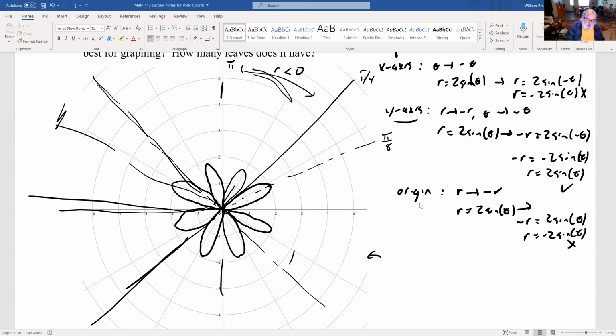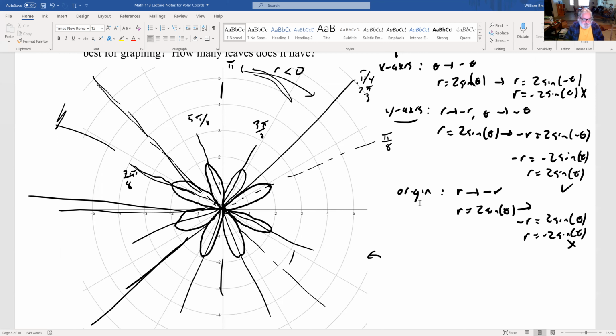And everywhere through here, the maximums, we go out, that's pi over 8. This is 3 pi over 8, right? Because pi over 4 is 2 pi over 8. And then 5 pi over 8, 7 pi over 8. That's what all my maximums are. And so we get this nice rose.